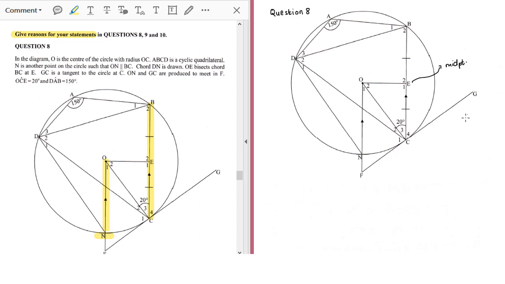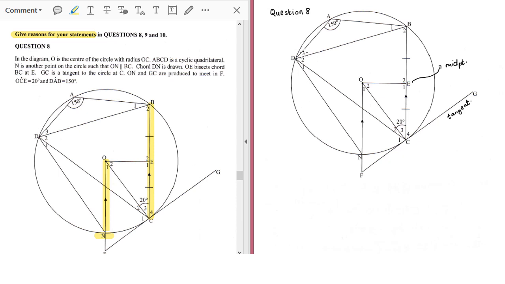There it is, GC, so this is a tangent to the circle at C, and then we also have that ON and GC are produced to meet at point F. Lastly, we also have that angle OCE is equal to 20 degrees, and angle DAB is equal to 150 degrees.